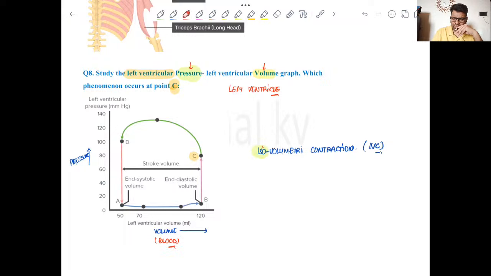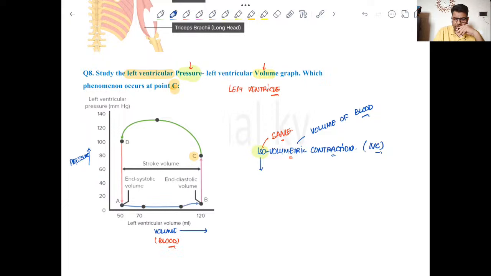Iso means same. Volumetric means the volume of blood. Contraction means the ventricle will start contracting. So isovolumetric contraction. So it means the ventricle is contracting, but the amount of blood within the ventricle will remain same. Now how it will remain same?